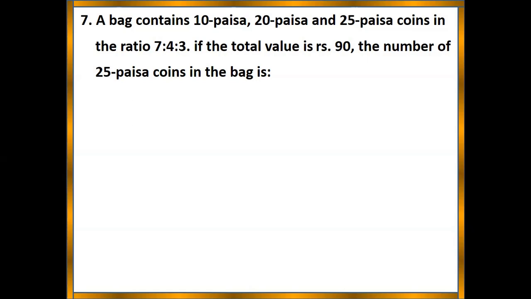So whenever 7x, 4x, and 3x is the number of coins, 7x is the number of 10 paisa coins, and 4x is the number of 20 paisa coins, and 3x is the number of 25 paisa coins.